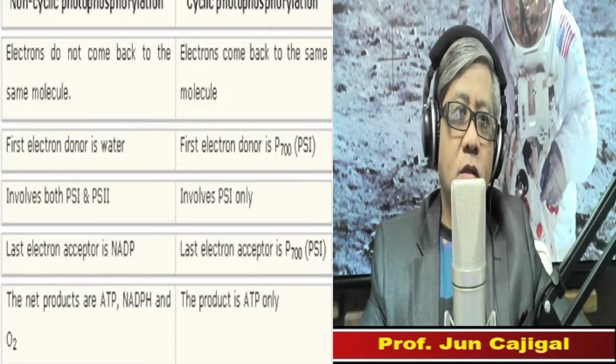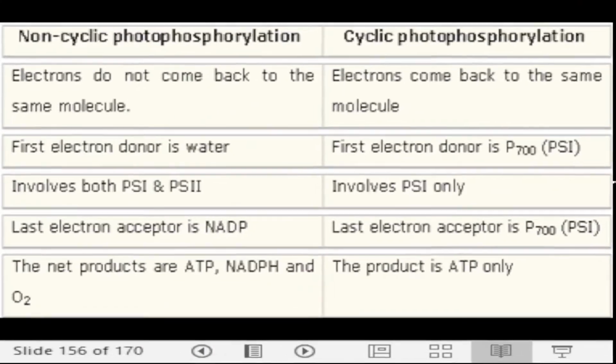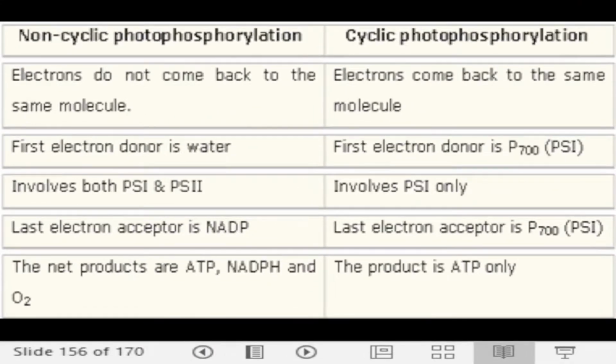Now, everybody, let's take a look at this table. For non-cyclic photophosphorylation, the electrons do not come back to the same molecule, and we started with P680, if you will recall. For cyclic photophosphorylation, electrons come back to the same molecule.